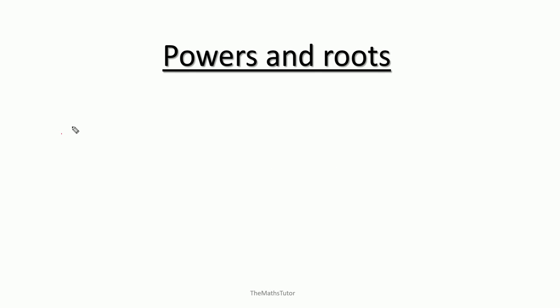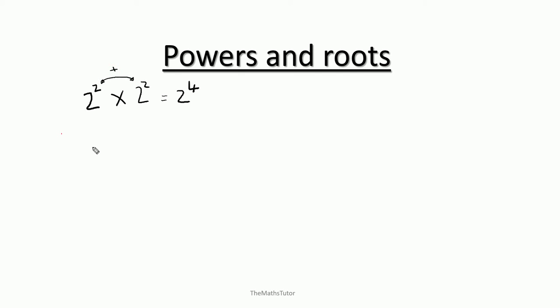I'm going to talk about how you manipulate powers, how you deal with problems involving powers. So if I asked you what 2 squared times 2 squared is, well, the answer would be 2 to the power of 4. Because when you multiply numbers raised to powers, you simply add the powers when it's a multiply.